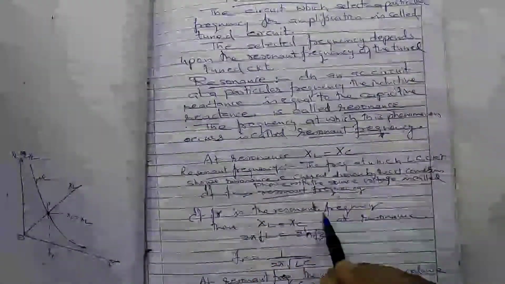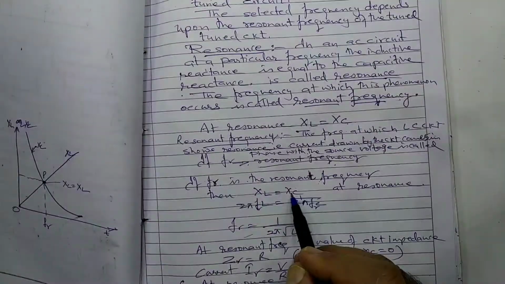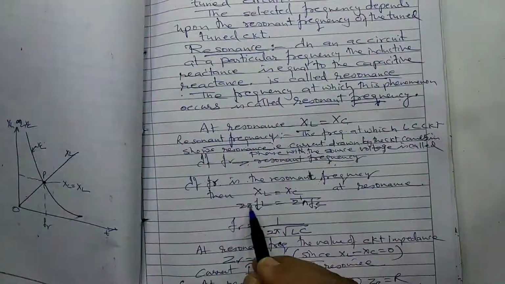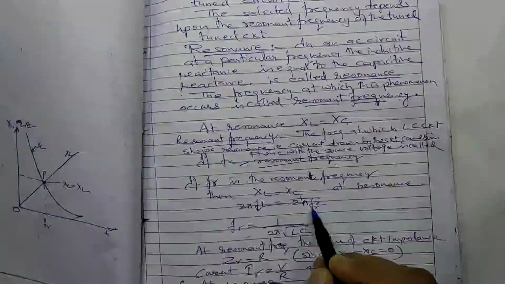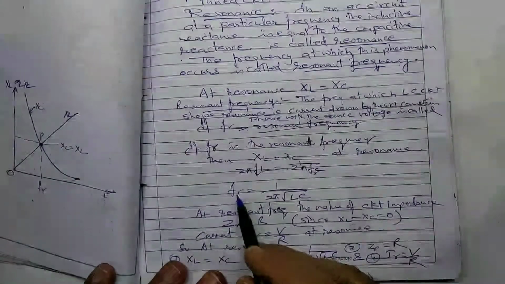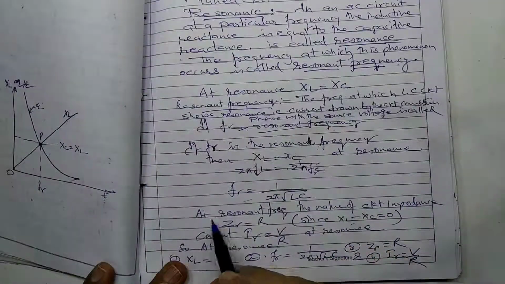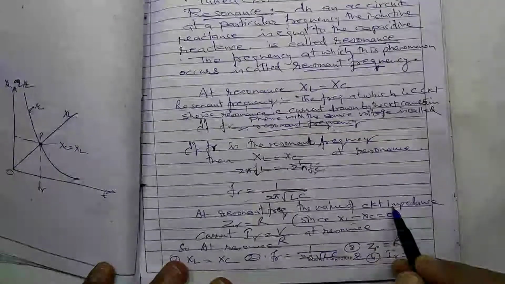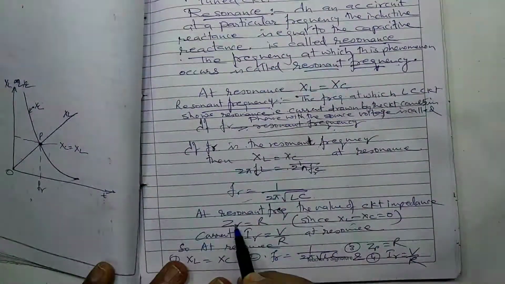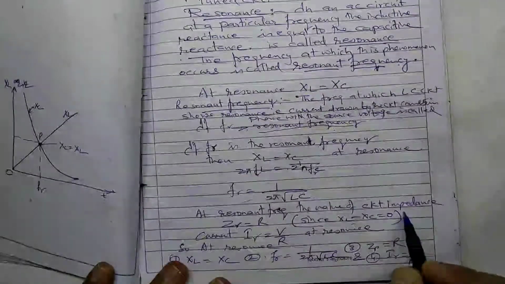If fr is the resonant frequency, then XL is equal to XC at resonance, that is, 2 pi fL is equal to 1 upon 2 pi fC, where fr, the resonant frequency, is equal to 1 upon 2 pi root LC. At resonant frequency, the value of circuit impedance Zr is equal to R, since XL minus XC is equal to 0.